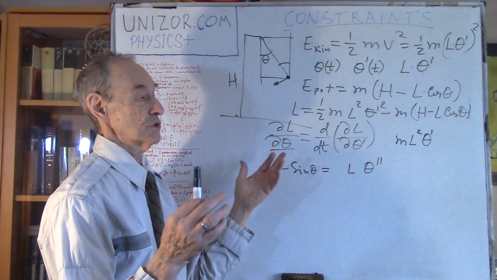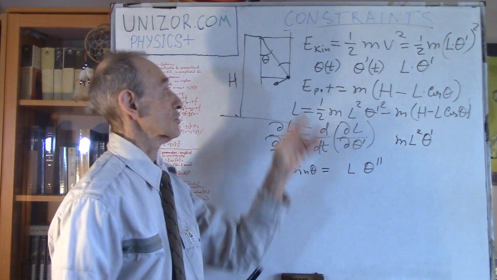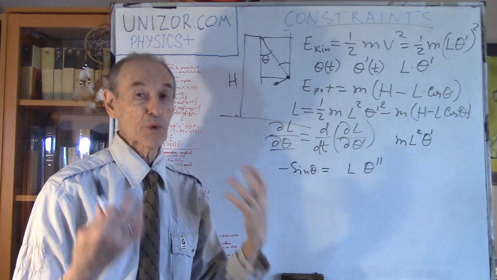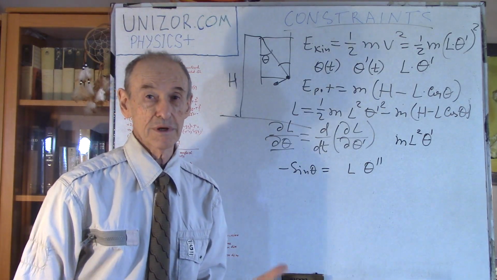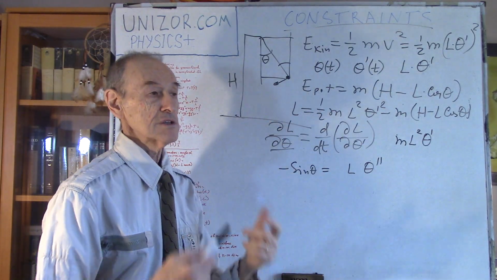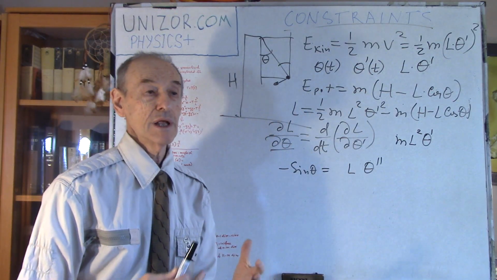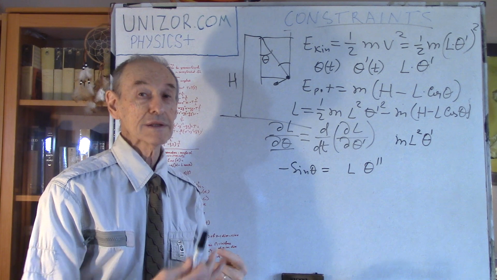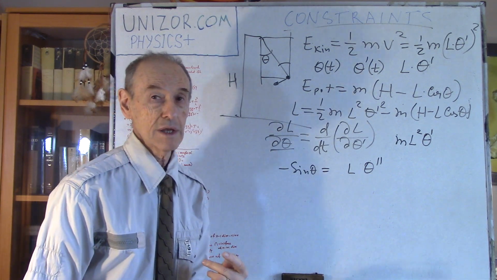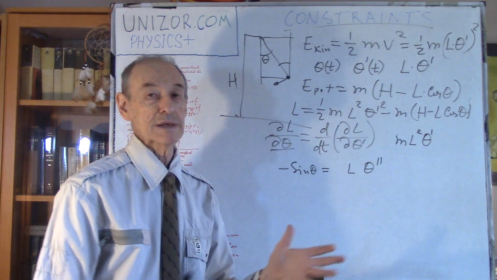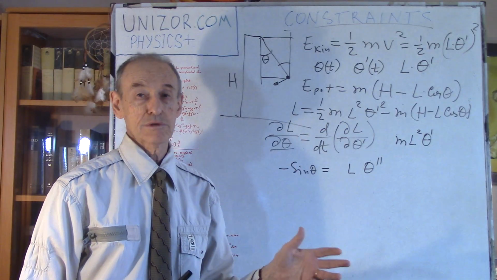I'm not using just any coordinate, I'm using a coordinate which allows me to do it simpler. In this case, it's an angle. So if you know your constraints, you can choose coordinates in such a way that it will completely bypass all this logic about constraints.